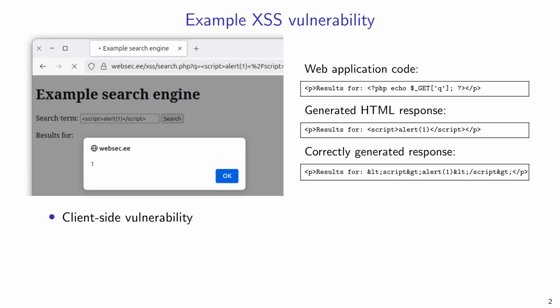First of all, XSS is a client-side vulnerability, meaning that we cannot use it to compromise the server. What we can do, however, is we can compromise the client, more specifically, the victim's browser session with the vulnerable website. What it does is that it essentially enables arbitrary HTML code injection. And actually, HTML code injection is a better name for this vulnerability as it better conveys what this vulnerability is about.